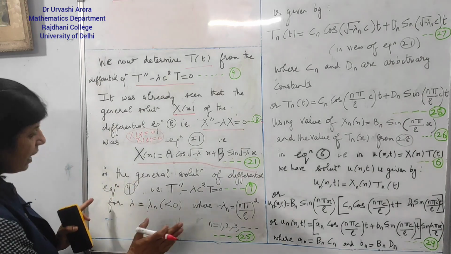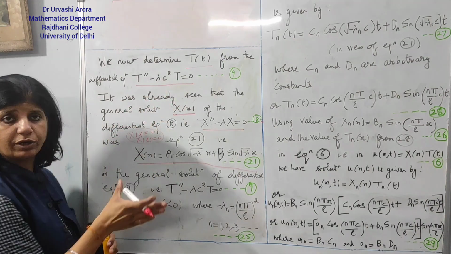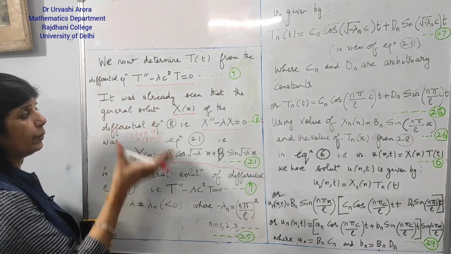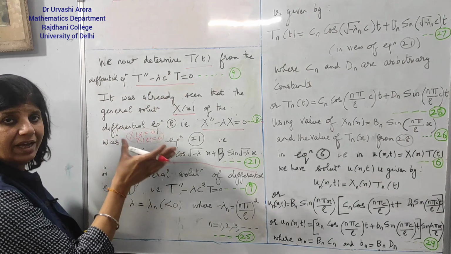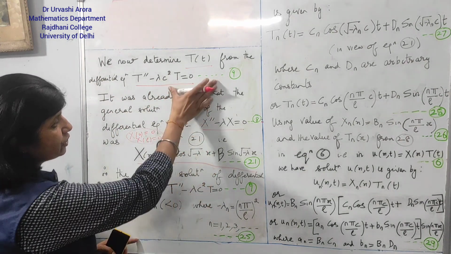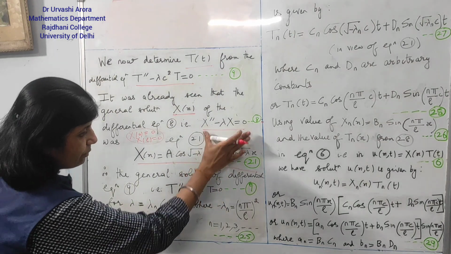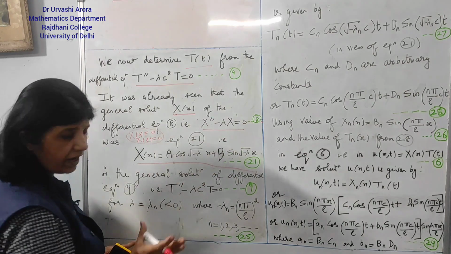Now I am interested in solving this particular differential equation which is in capital T, and it is a second order ordinary differential equation. Now if you have a look at this equation 9, which has been again written over here, this equation 9 is similar to 8.